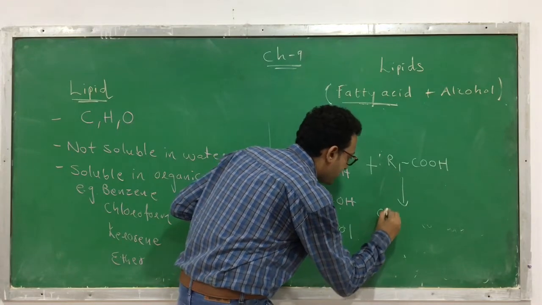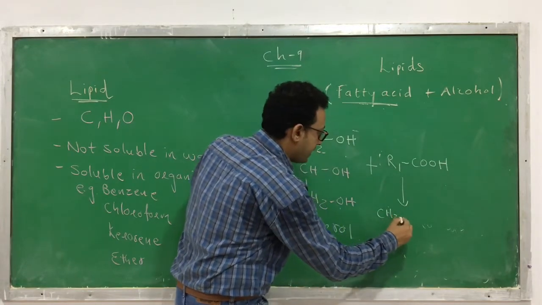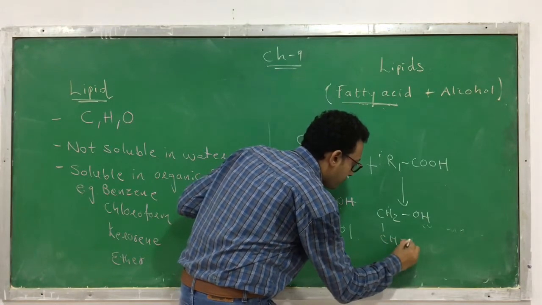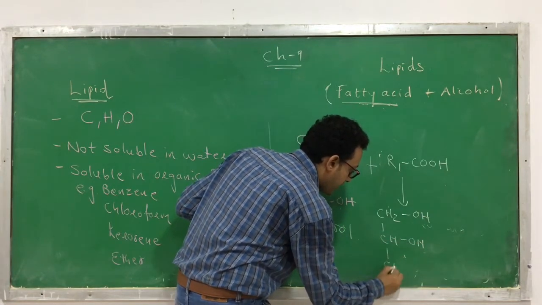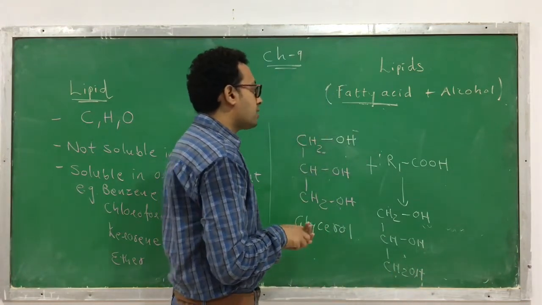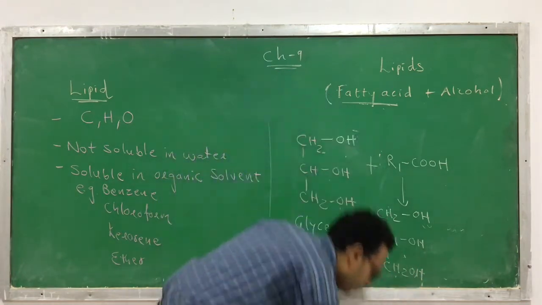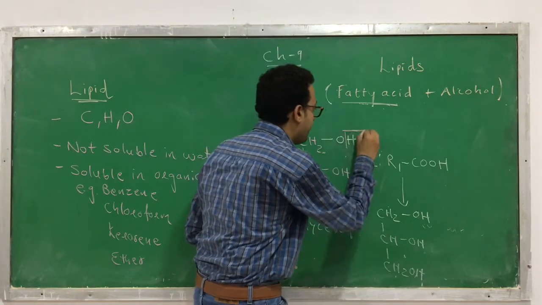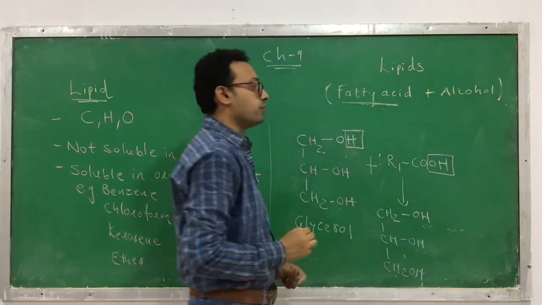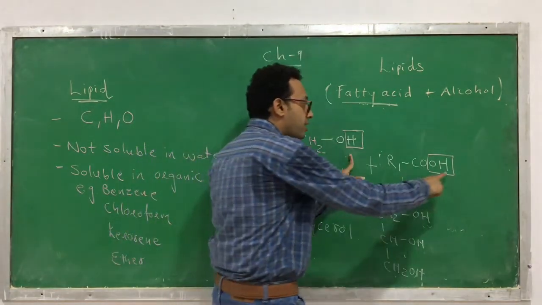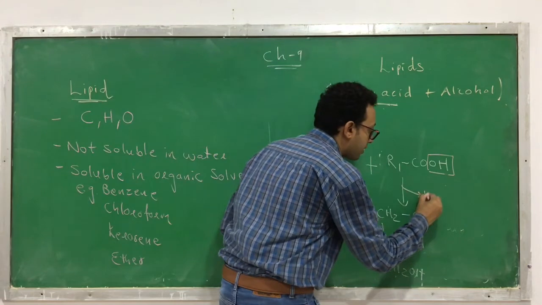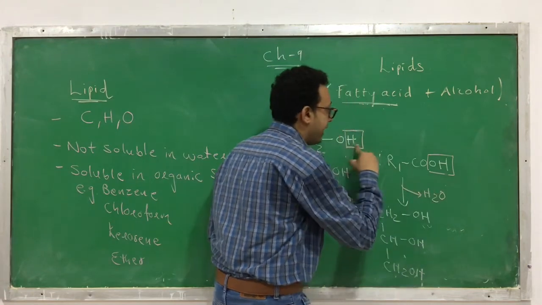Here it's a CH2. I'm drawing the same CH2OH, CHOH, CH2OH. So what happens is, from this H and from this OH, that is going to be removed. Clear? H and OH. You know that H and OH combine together to form water, H2O.